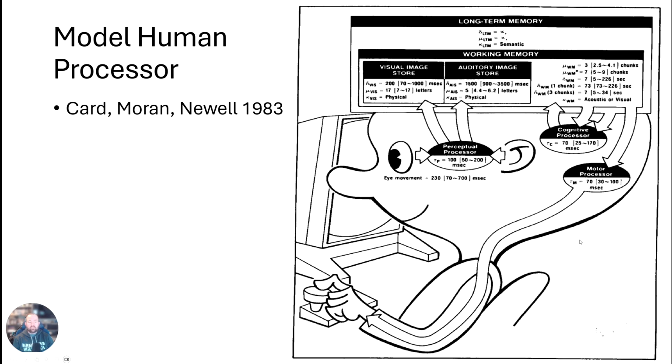But it basically breaks everything down into specific milliseconds or chunks, which are specific units that we use, and it tries to bound our cognition in some of these ways, similar to how a computer would be bound. You know, how many operations a processor can do at any one time is a known number. We can get that number. So this was another theory about what might be going on between the ears.